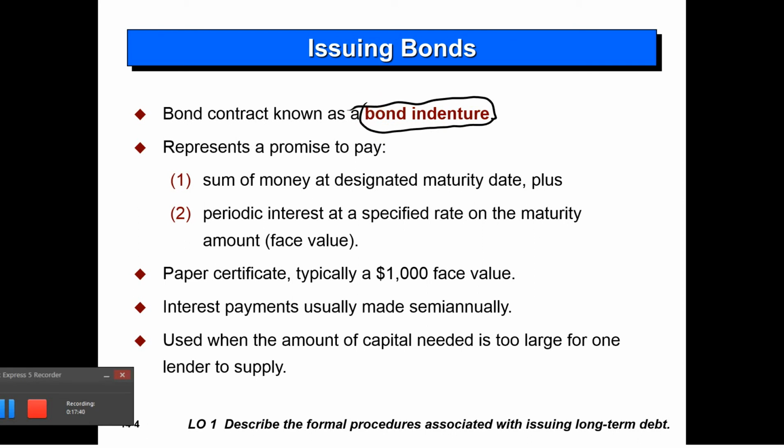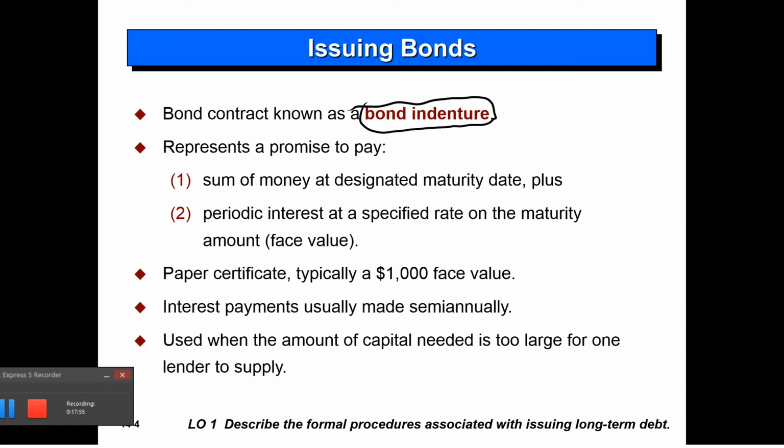On the bond indenture, you have the basic information of bonds. For example, the face value. Remember, we talked about the face value just now, right? Or par value. We talked about it just now.